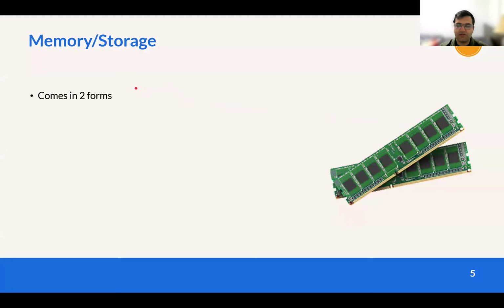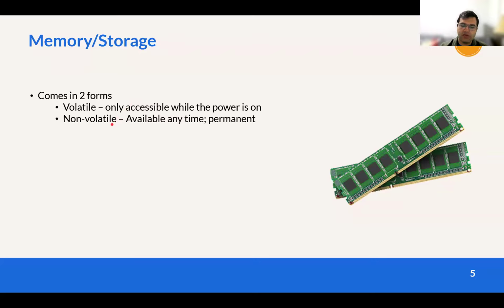You have volatile memory. Volatile memory is only accessible when the power is on, when the computer is on. And you have non-volatile memory, which is available at any time. Because of this, it's also called permanent memory or permanent storage.